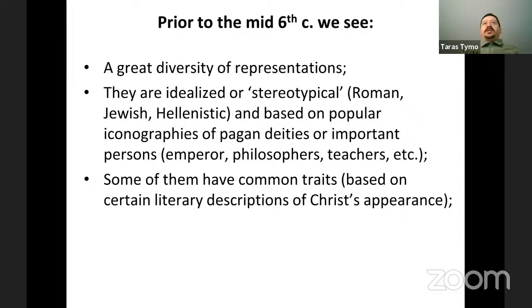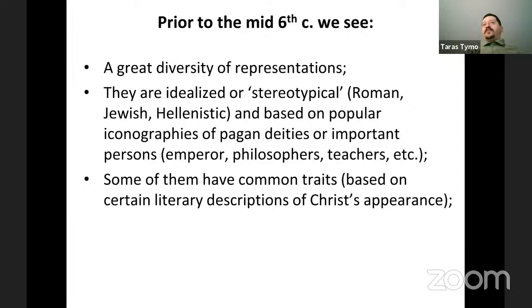Those representations are idealized and stereotypical representations of a Roman or a Jew or a Greek hero or a Greek god or an emperor, and they are based on popular iconographic motifs like pagan deities, or important persons, emperors, philosophers, teachers, rhetoricians, etc.